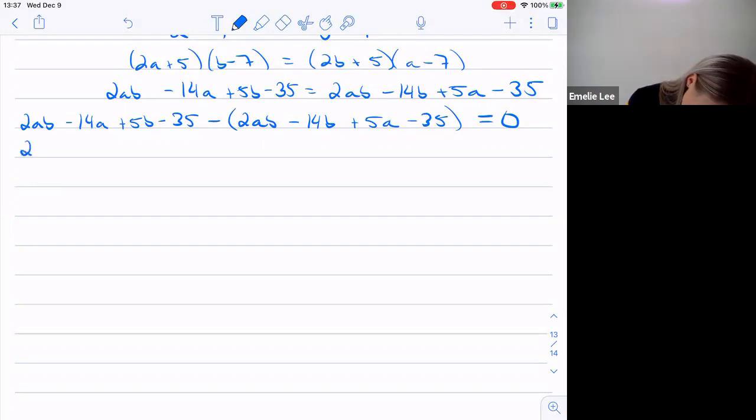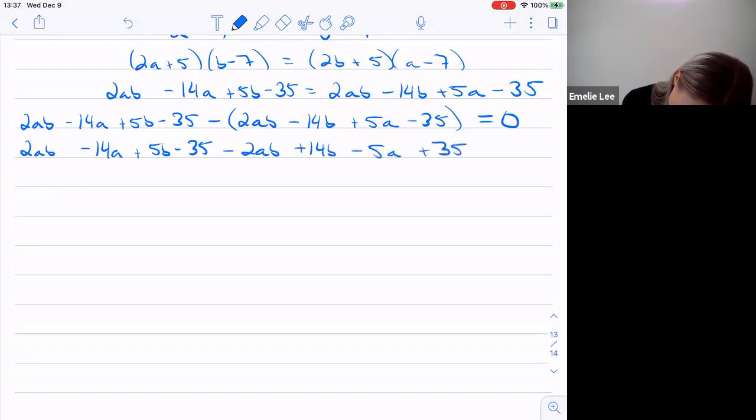All right, 2ab minus 14a. So now all I'm doing is expanding this negative inside, making sure I hit every term. 14a plus 5b minus 35 minus 2ab plus 14b minus 5a plus 35 is equal to 0.